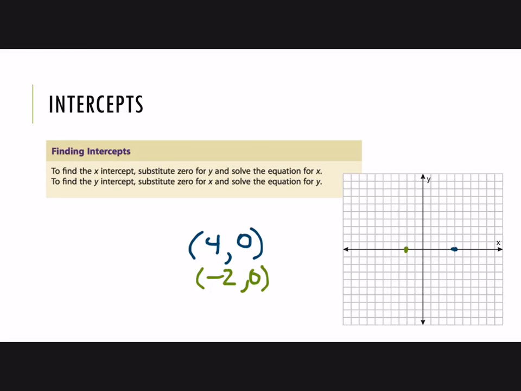Notice that all of the points along the x-axis are going to have a y-coordinate of 0. So this leads to your procedure for finding an x-intercept. Since all of the y-coordinates will be 0, you just substitute 0 into the equation for y, and then you solve to figure out what x is.